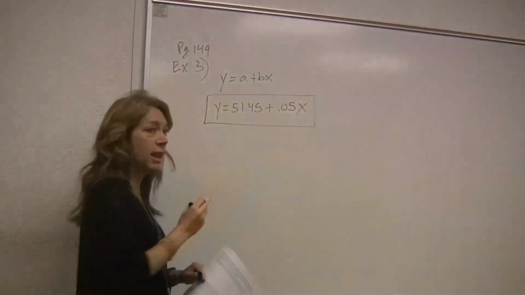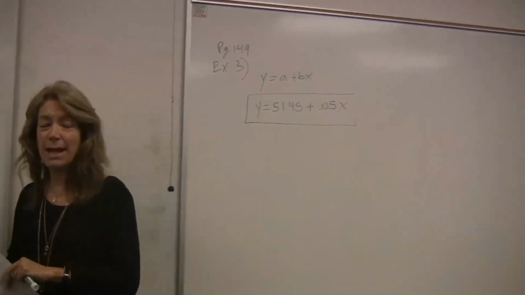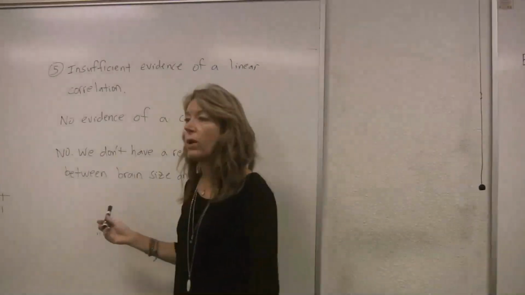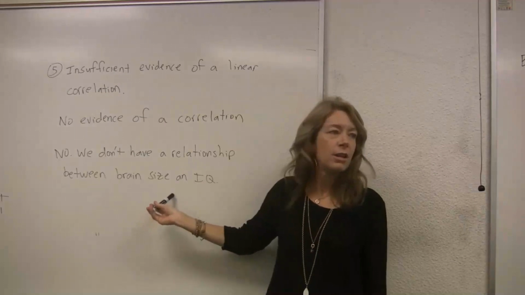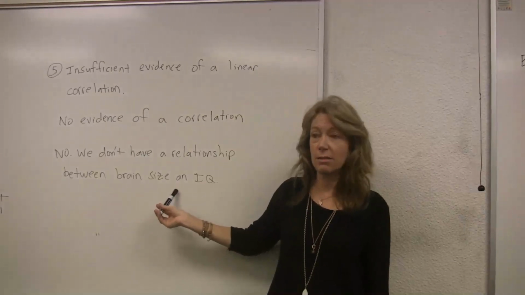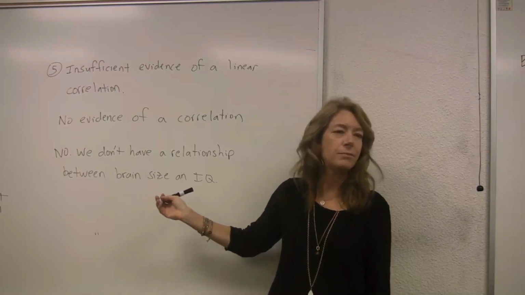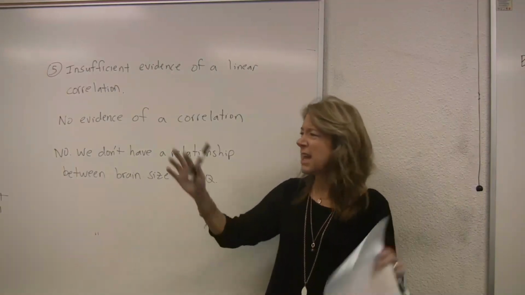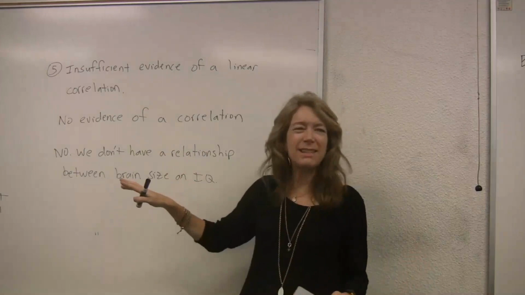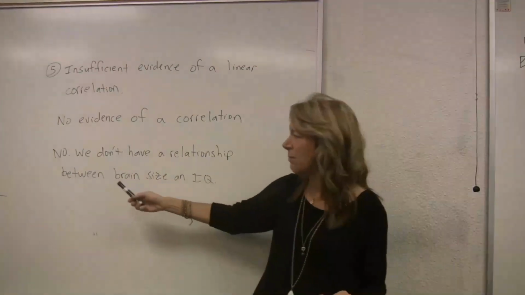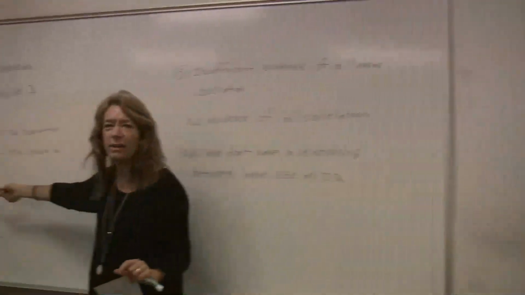Here's where you have to actually think for a moment. Every once in a while I ask you to do that. We just found that there's no evidence of a correlation. Which means that my graph looks like what? It's kind of all over the place. There might be a slight hint of an upswing because of our little bit of an r here.